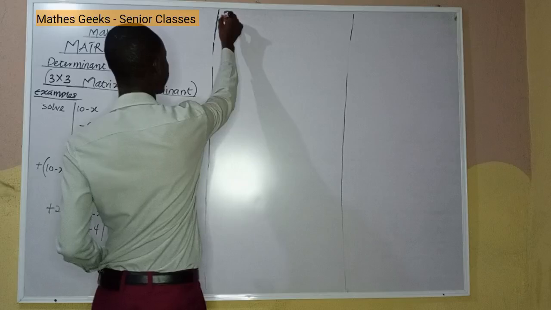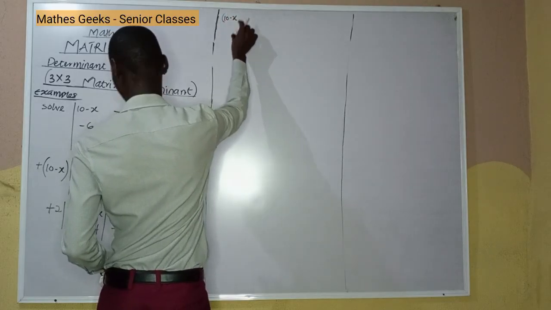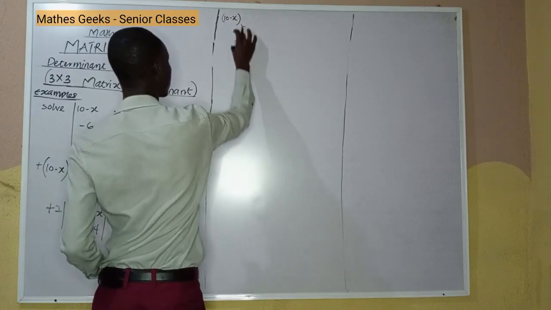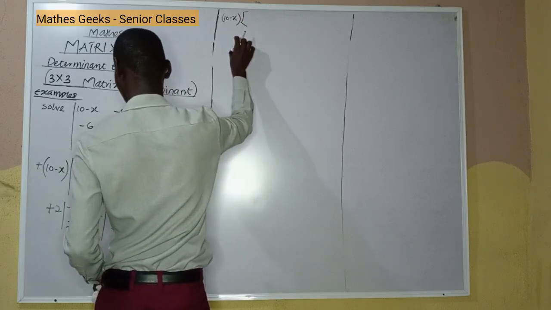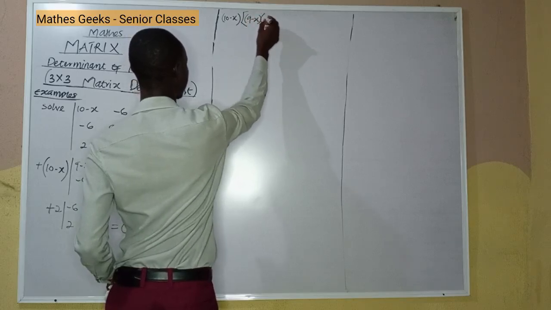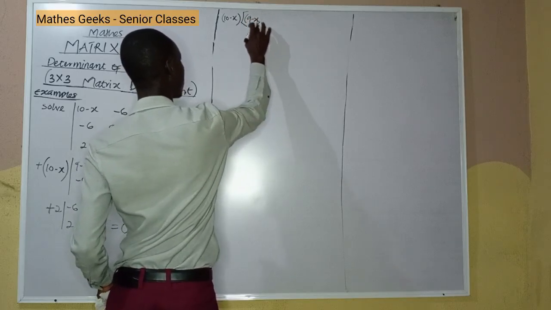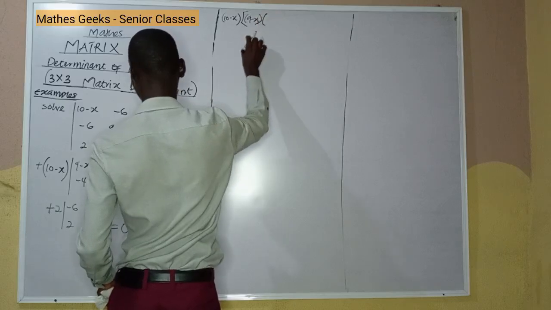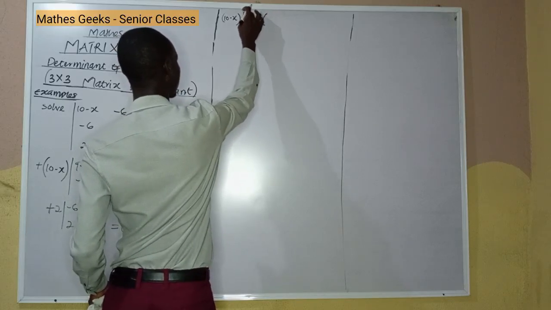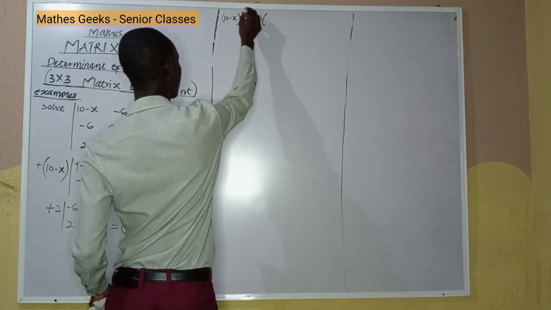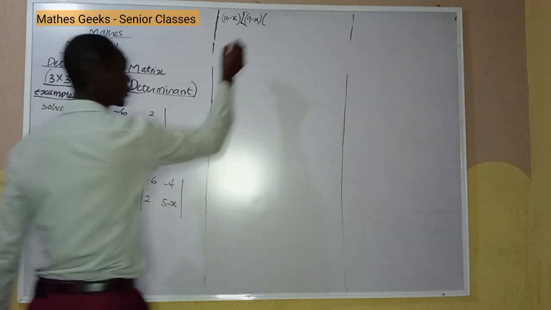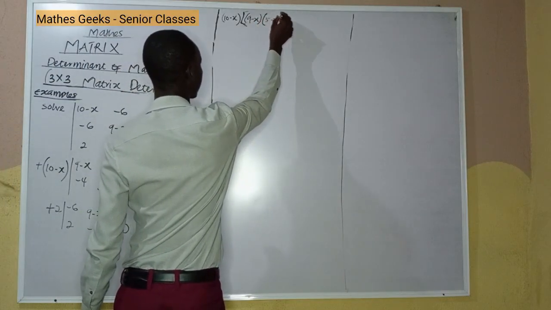Plus 10 minus x, 9 minus x times 5 minus x.